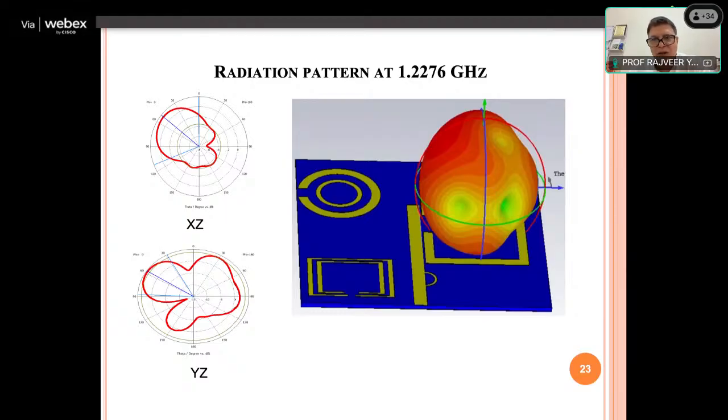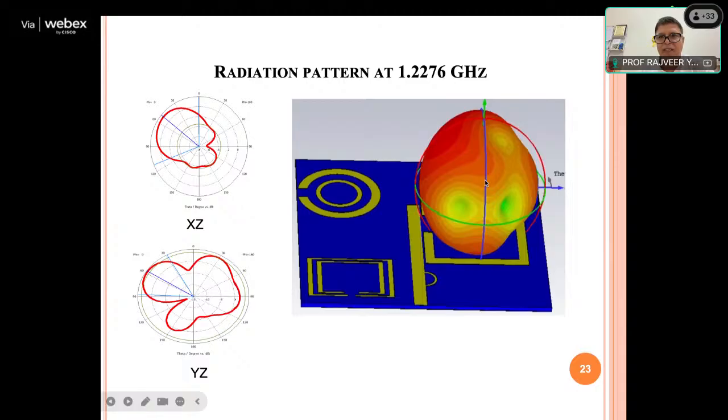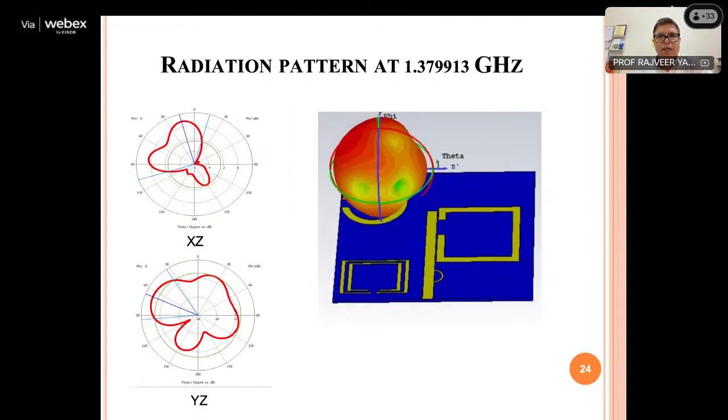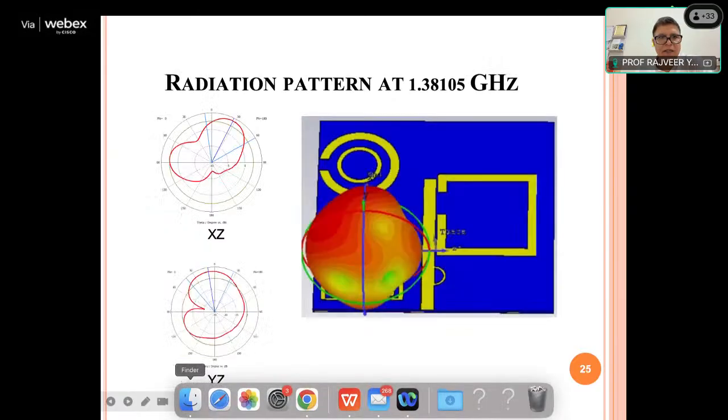But this is more clearly visible with the help of 3D animations, where I am able to represent how my radiation is taking place at 1.2276 gigahertz. These are the radiations depicted by the circular SRR, and the same plots are also shown here in XZ and YZ.